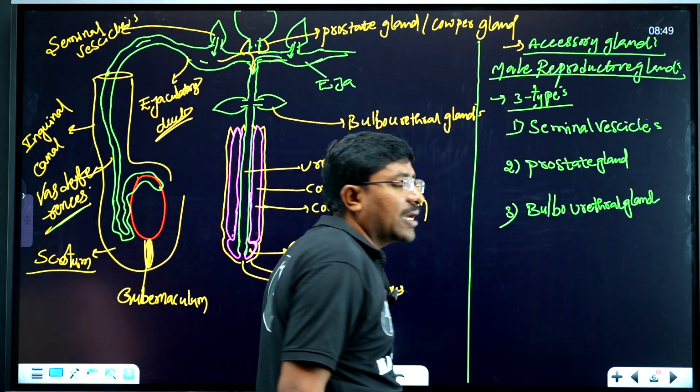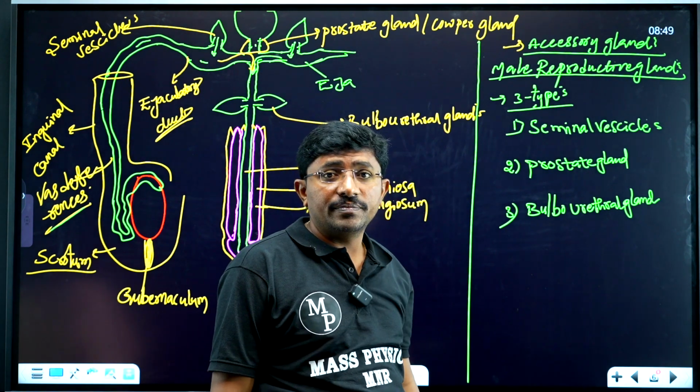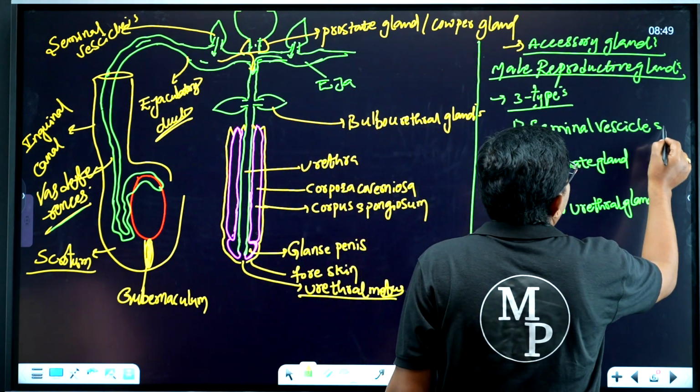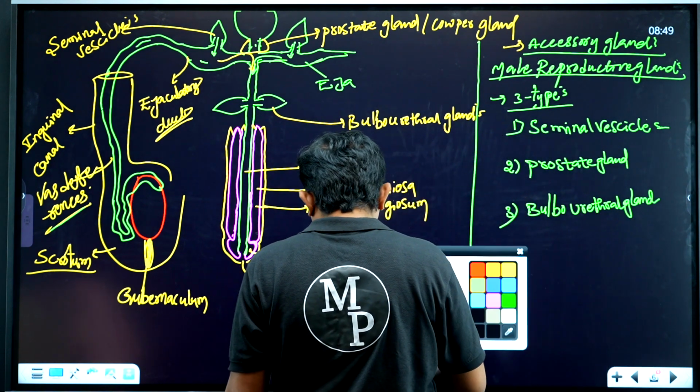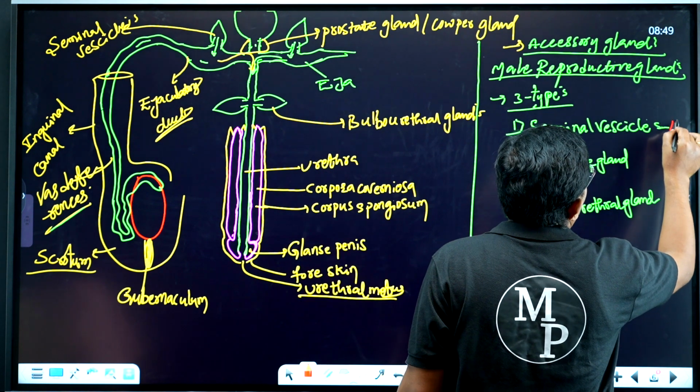Bulbourethral gland. These are the three types of male reproductive glands. Seminal vesicles are paired, one pair.